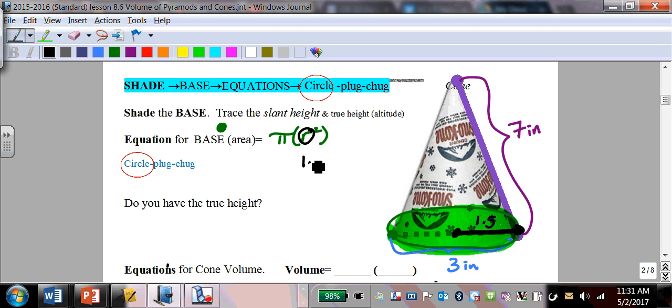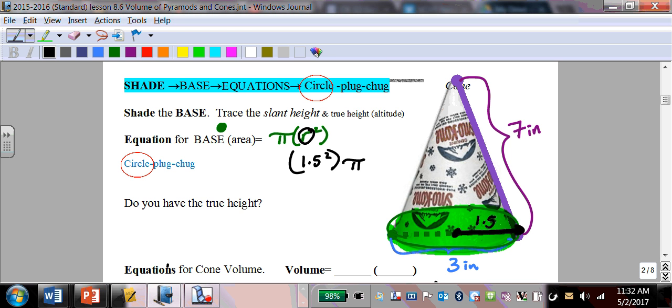Circle radius. We're going to go 1.5 and we're going to square it. We're going to leave this in pi form, which means ignore pi. Okay, ignore pi. Ready? 1.5 squared. I'm going to land on someone in 10 seconds. Okay, good.